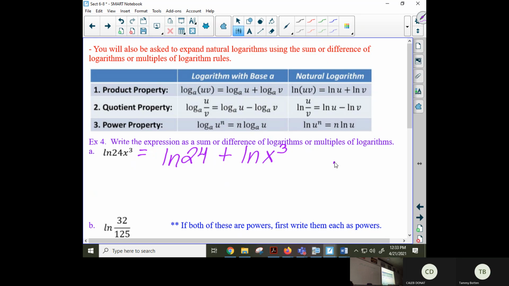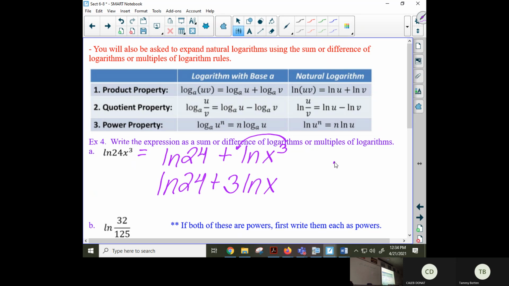Okay? The only thing that you could do here, can you guys see something you could do? Move the 3. So we have natural log of 24 plus, we're going to bring this 3 here, 3 times the natural log of x.